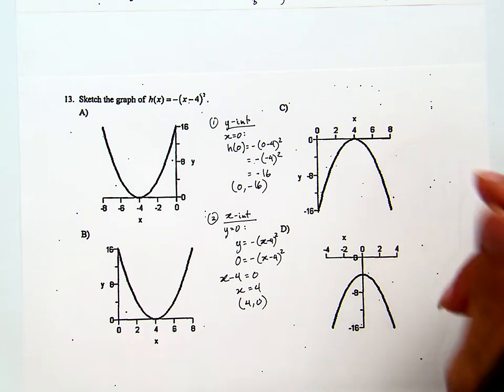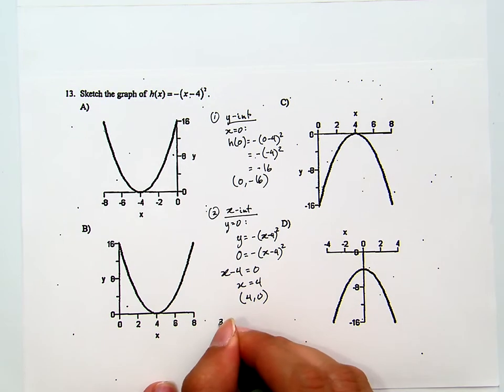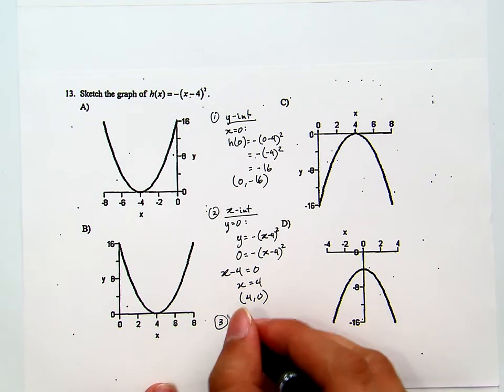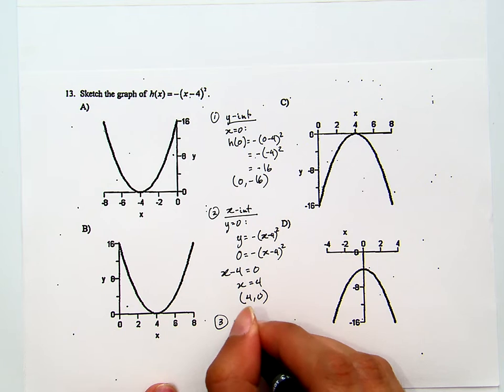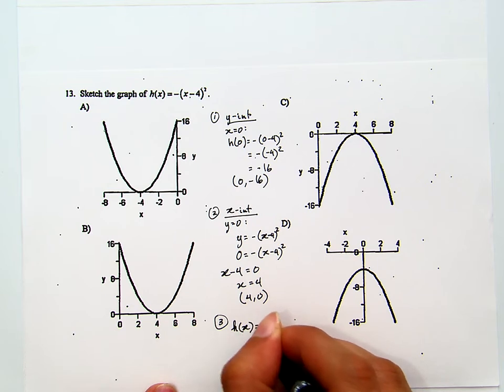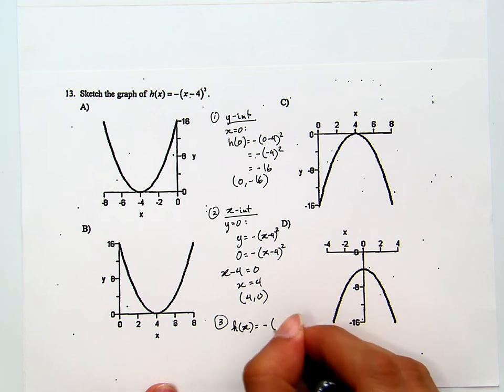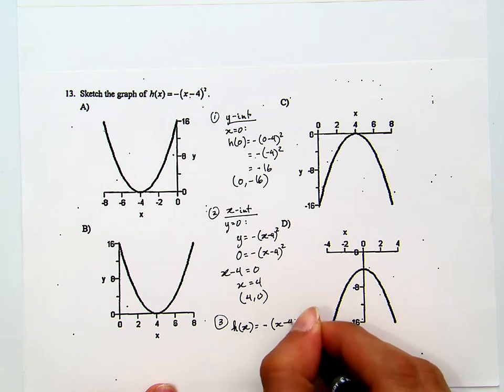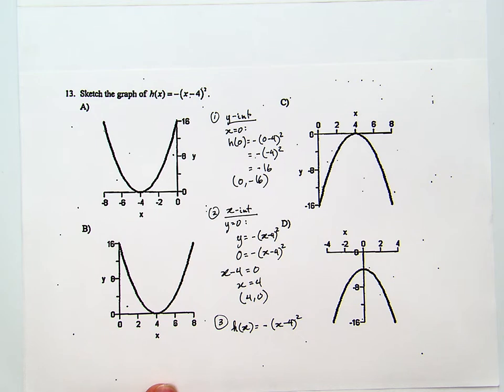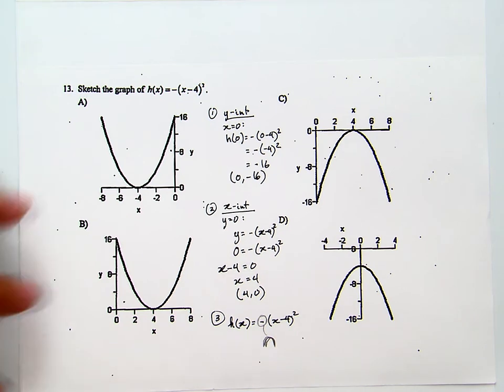Now, the third thing we can say by intuition. You remember that if we have h(x) equals negative of (x minus 4) squared, if the coefficient is negative, then we know that it will be an upside down parabola. If it were positive, then it opens up.